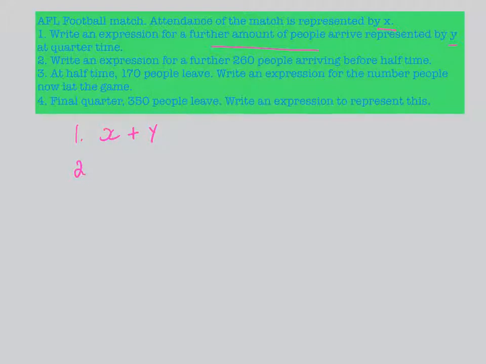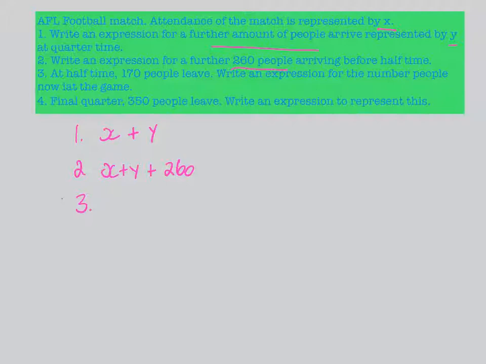Number 2, it says write an expression for a further 260 people arriving before half time. So there we go, X plus Y plus 260 people. All right, so that's number 2.